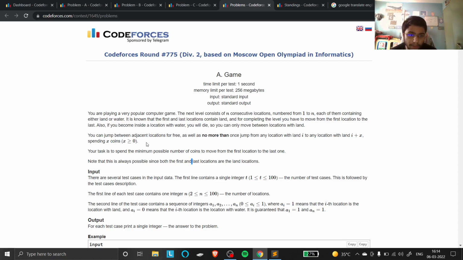Note that it's always possible since both the first and last location are land. So the first line contains a single integer. This is followed by this. The second line of the test case contains a sequence. Yeah, equal to 1 means the ith location is land.